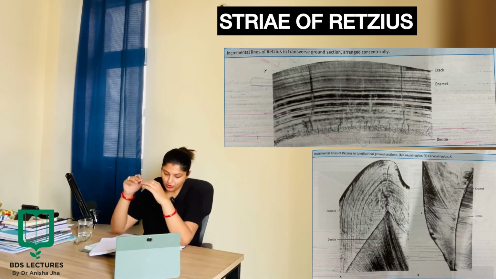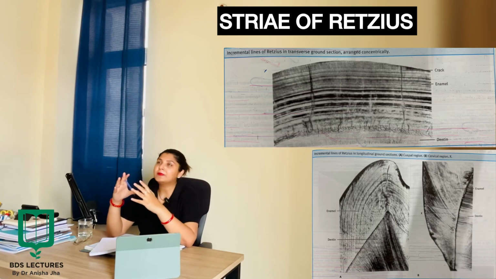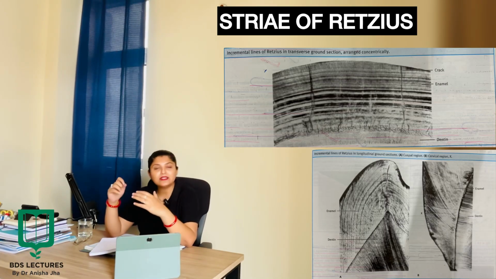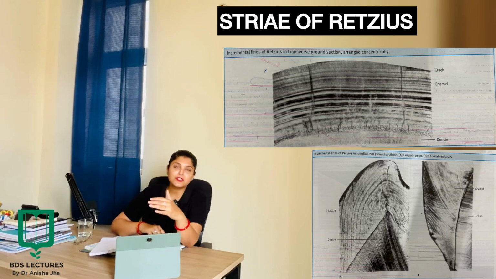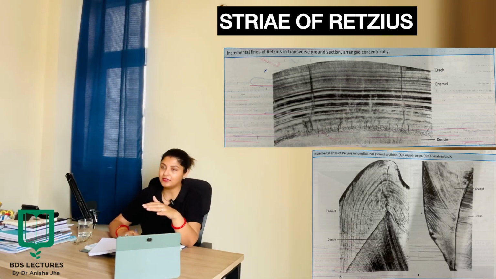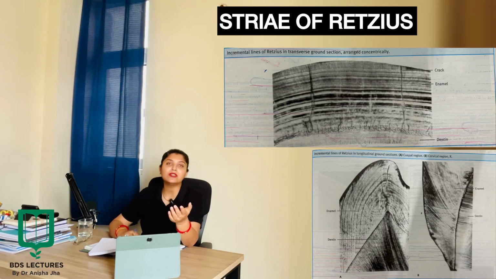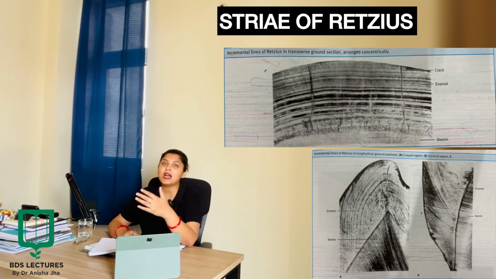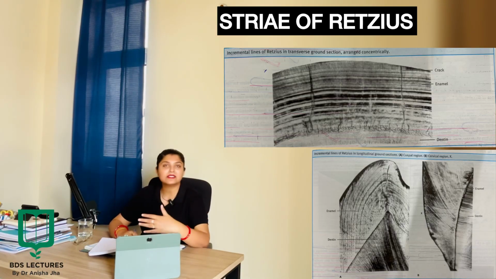All right, so again I'll repeat, the incremental lines of Retzius are basically the lines which are formed by the apposition of the enamel, and they reflect either hypomineralization or hypermineralization of enamel. Depending upon them the lines can vary.